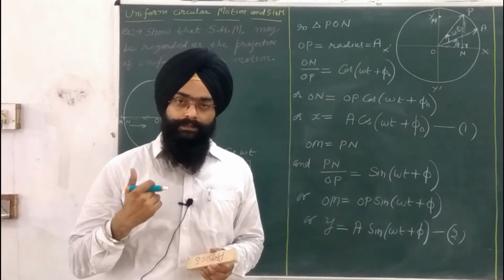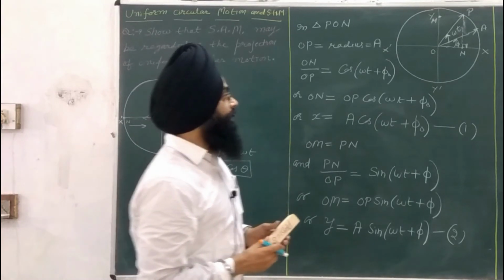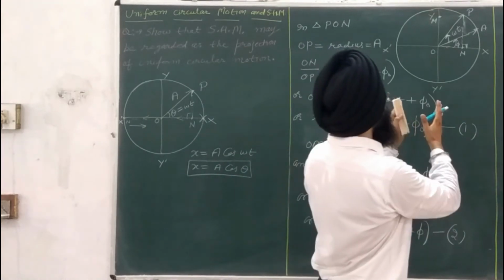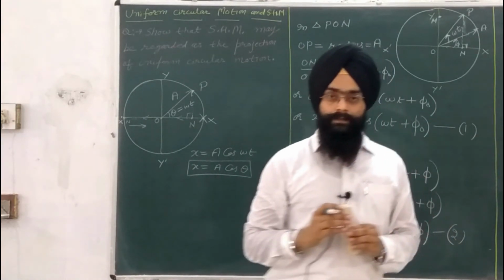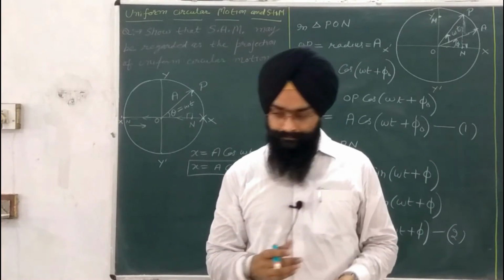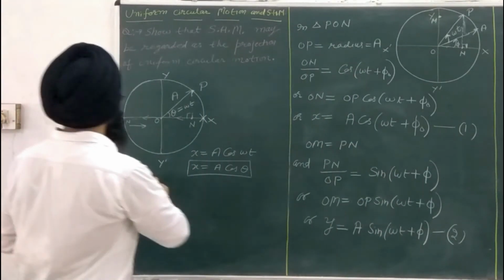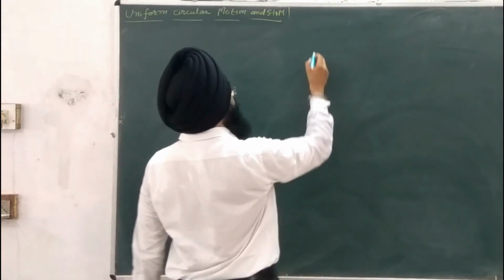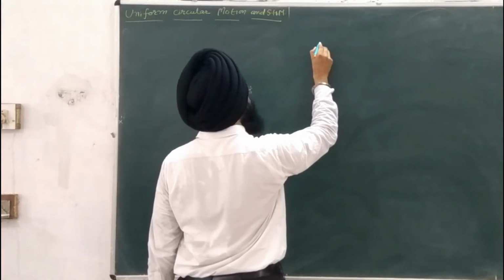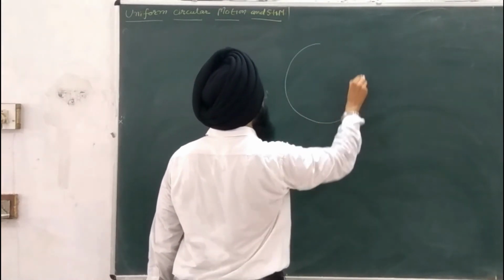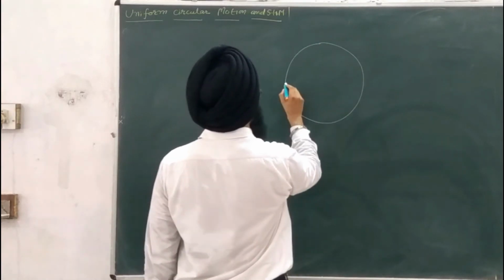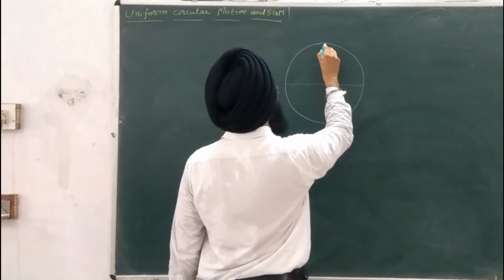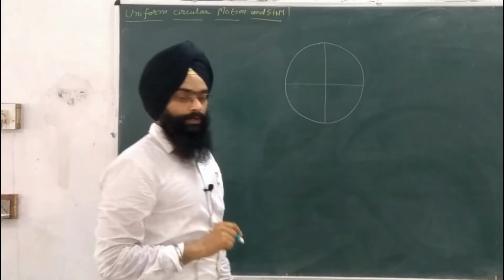Now we shall discuss the next point. We can represent the graphical relation between this circular motion and the sine function like this. Let us discuss here. So we can draw the same circle here like this. Let us divide this circle into 8 equal parts.